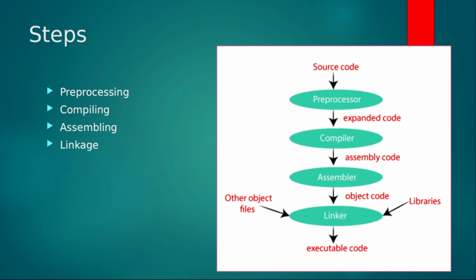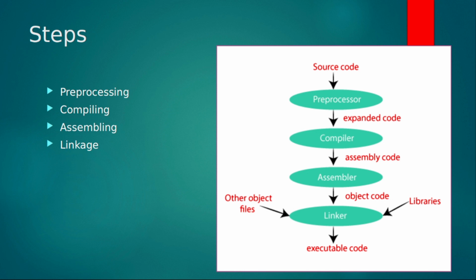There are 4 steps in the compilation process. These 4 steps are what it takes to go from your source code to an executable file that you can run and get an output for your code. The four steps are preprocessing, compiling, assembling, and linkage.